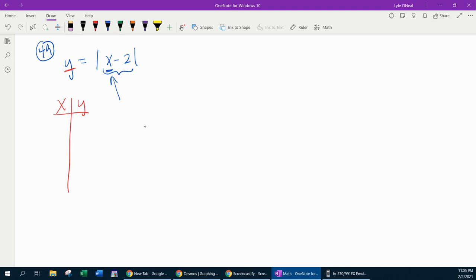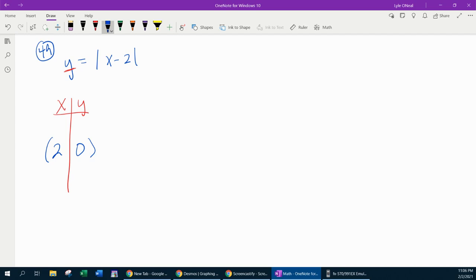That'll give you the point of the V. So my question is, what number would I plug in for x to make all of this stuff 0? Well, that would be 2. 2 minus 2 is 0, and the absolute value of 0, LOL, is 0. Now that's going to be the vertex or the point of the V.